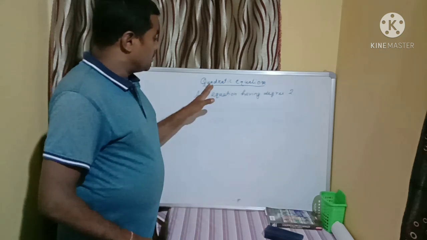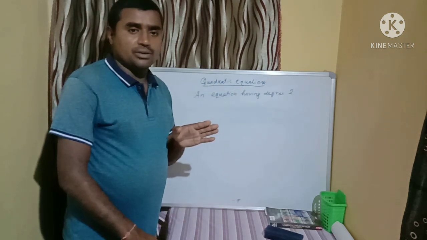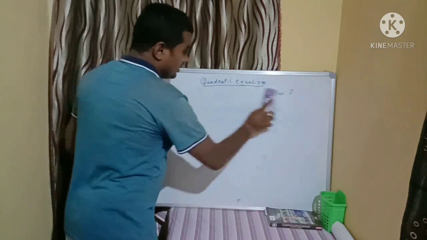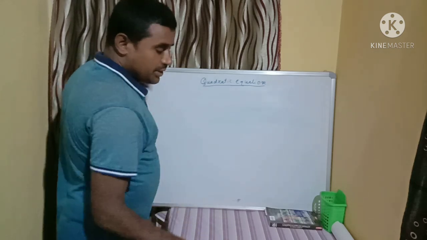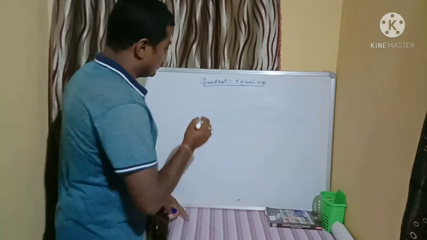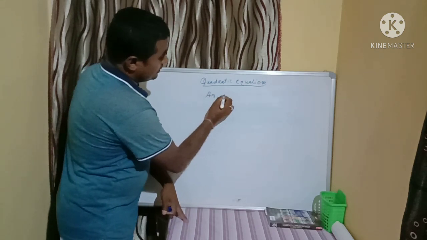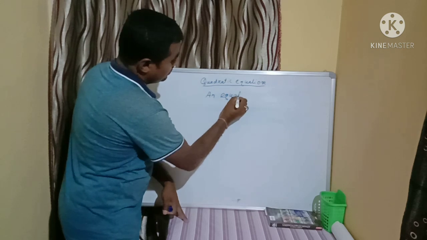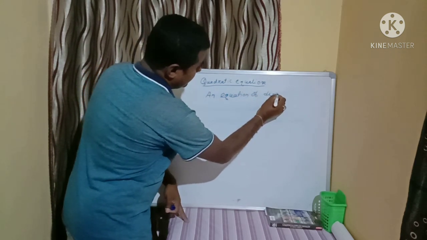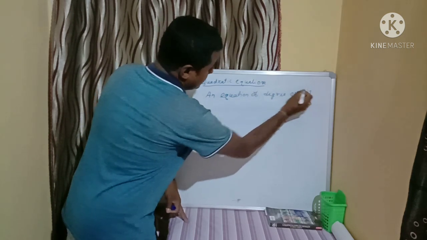Before the quadratic equation, we have to know about the linear equation. Already you know the linear equation. So how can we define a linear equation? A linear equation can be defined as an equation having degree 1.